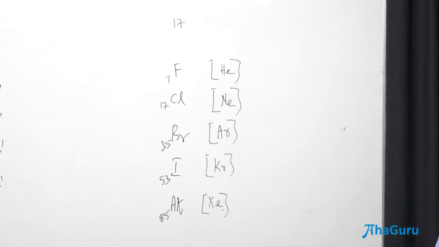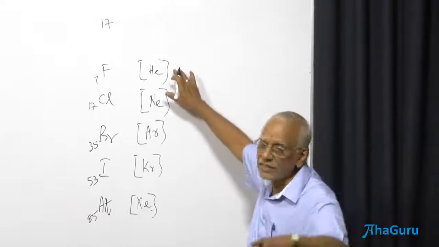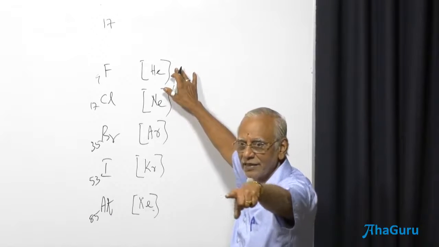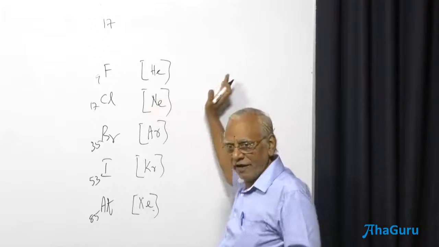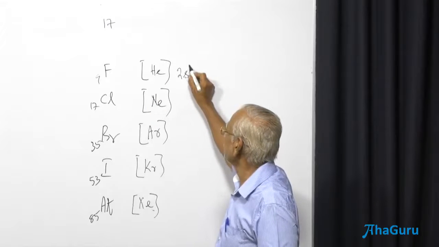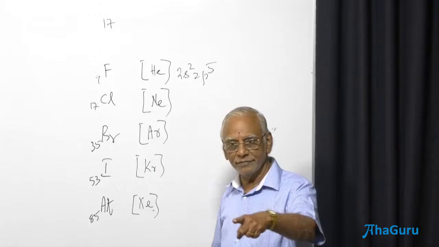Fluorine, chlorine, bromine and iodine. Yes, this is going to be neon first. 1s2 is taken care of. So after this, what should you write? What did you write? You tell me. The electronic configuration: helium nucleus, 2s2. Did you write that?